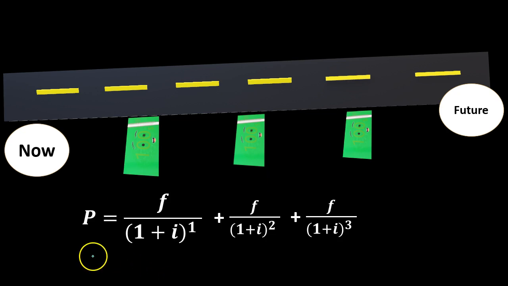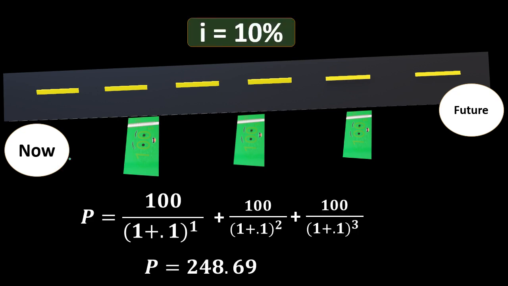In other words, we can add together the present value of period 1, period 2, and period 3. So if we're going to get $100 a year from now, 2 years from now, 3 years from now, we apply the present value to each of those years, bringing all of them back to the current dollar amount, the present value, and that's one format we can use to calculate this.